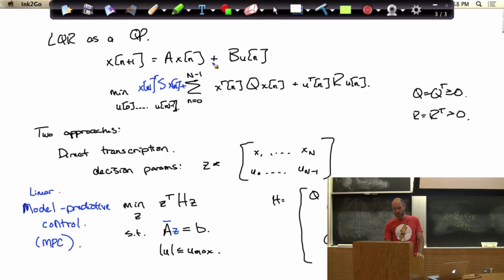So the question is how you use this. You could use this for nonlinear trajectory optimization. One thing people do is called iterative LQR. You can do nonlinear trajectory optimization by picking an initial trajectory, linearizing it, and using this.